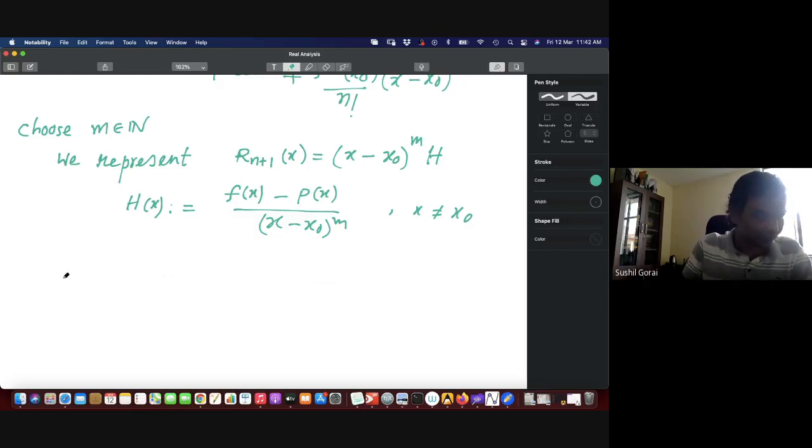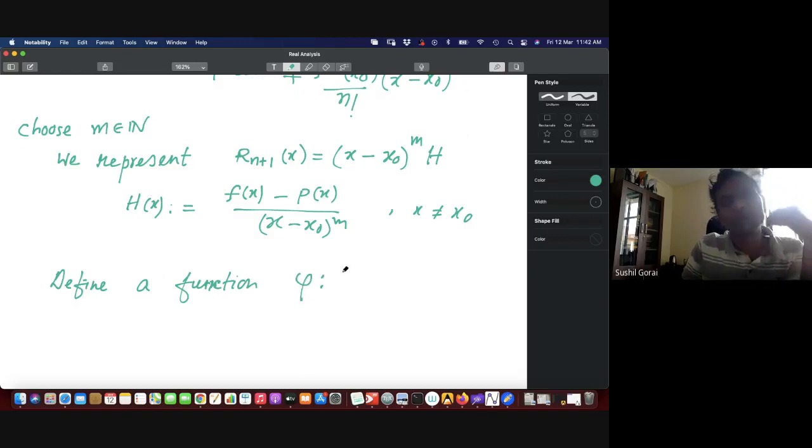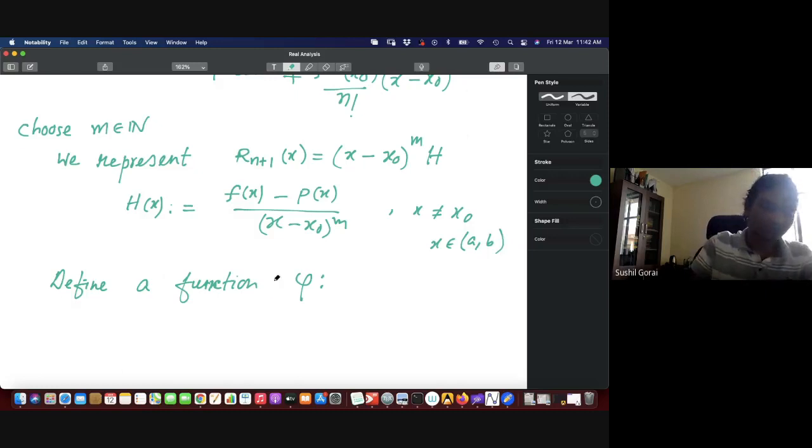Now define a function phi on x belonging to AB. There's no problem in that. In fact, one can take the closed interval as well.